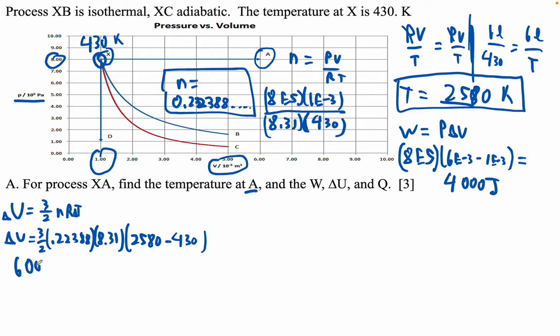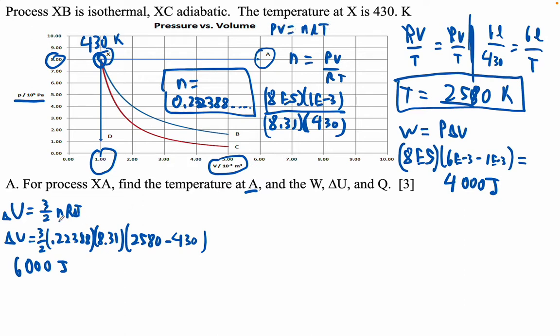Now, you might ask yourself, why is it such a round number, around 6,000 and then a bunch of zeros and then a 1? The answer is that since PV equals nRT, here, I'll write it up here.